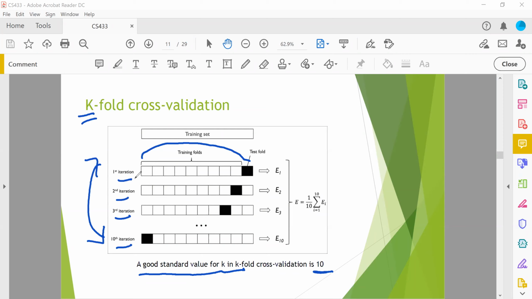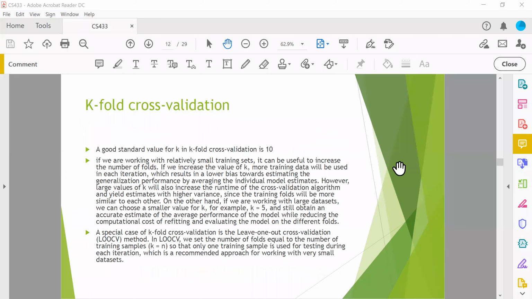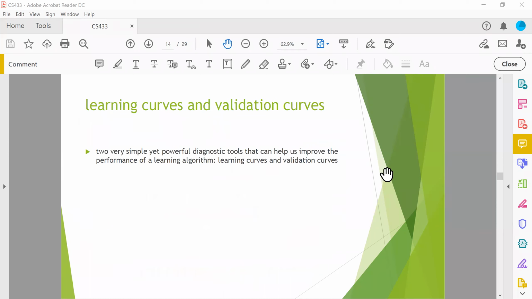It will be done in 10 iterations, and in each iteration you leave one fold out for validation. Then you take the mean of all the iterations. That's called k-fold cross-validation. So the goal is to balance bias and variance. We already learned this previously, so here's just a quick review.